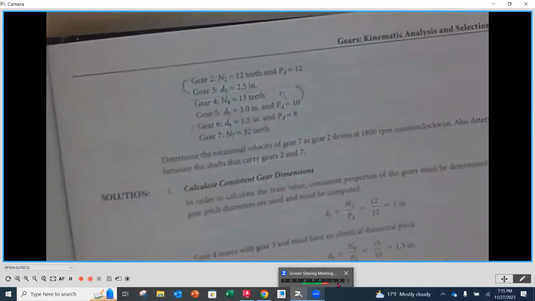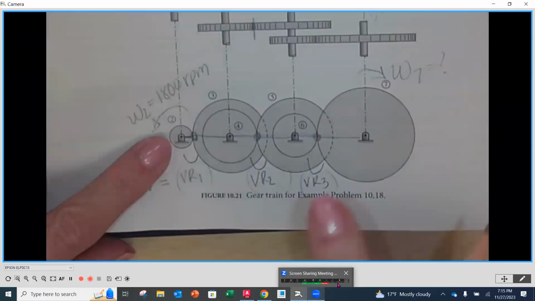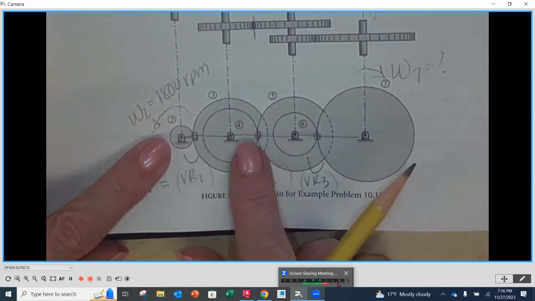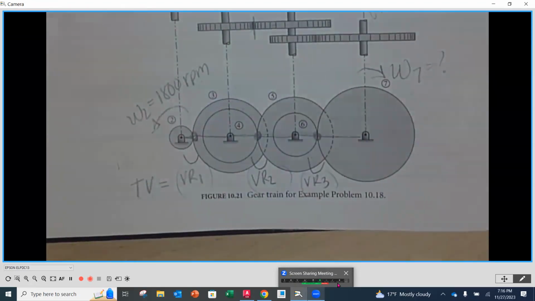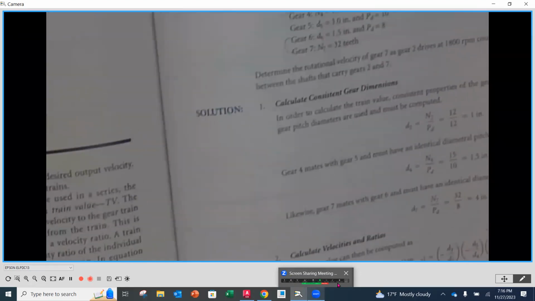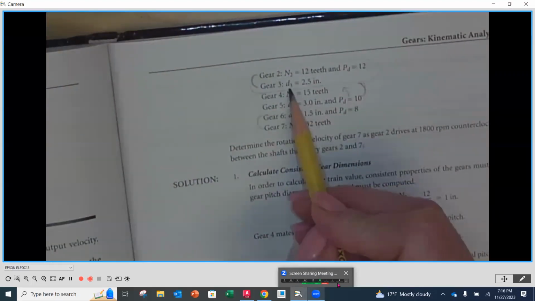We also know that if we want to figure out center distances from gear number 2 all the way to gear number 7, then we really need to know the radiuses or the diameters of each one of these gears. So how I would approach this problem, knowing that we have to know center distances, is you'll notice for our first pair, they're giving us the pitch diameter of gear number 3.